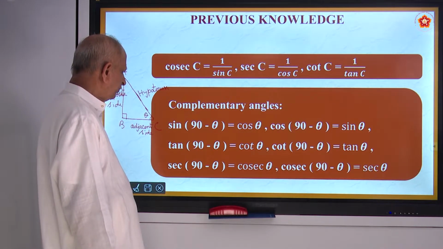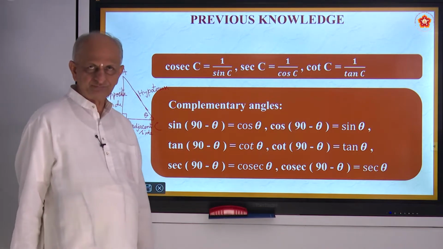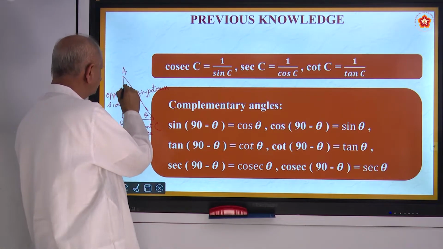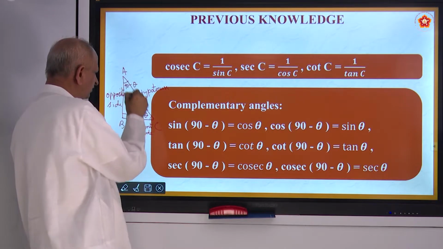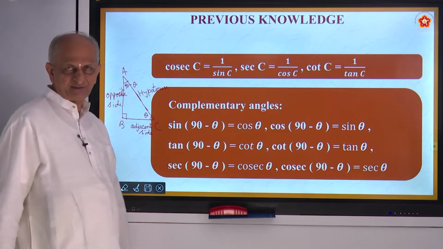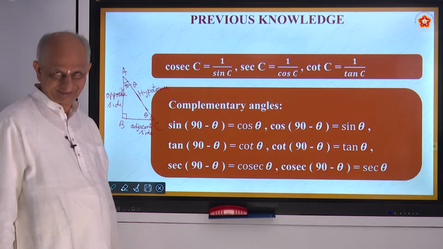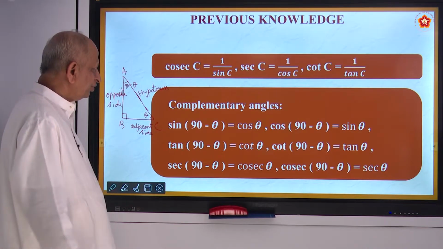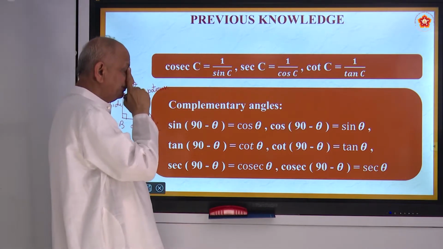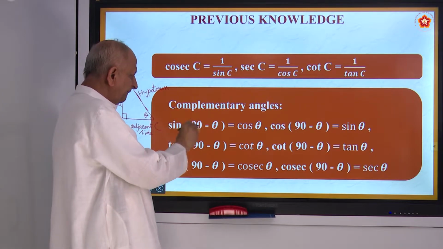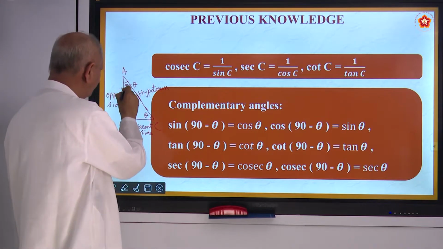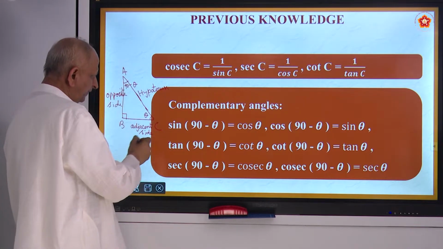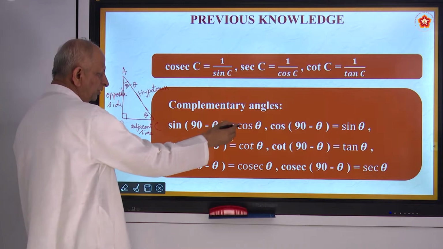And also you have studied about complementary angles. Suppose this is theta, this becomes 90 minus theta. The sum of these two will become 90 degrees. That's why they are called complementary angles. So sine of 90 minus theta will be equal to cos theta.